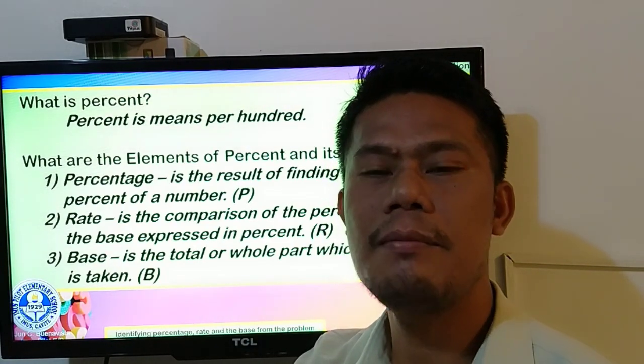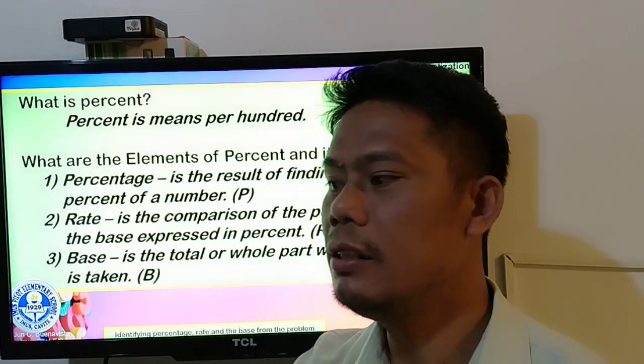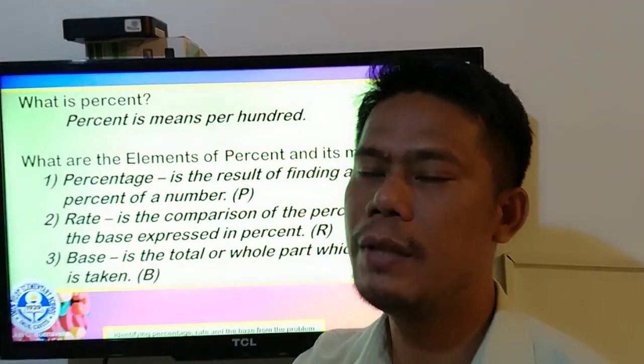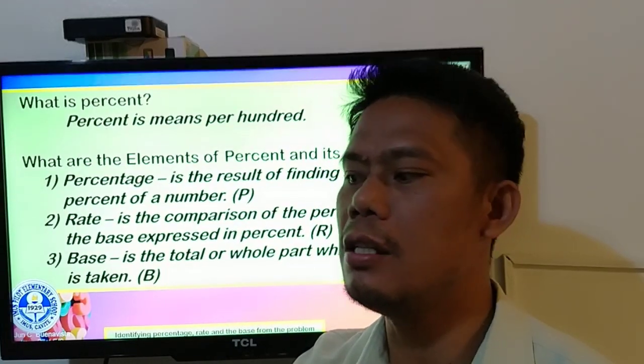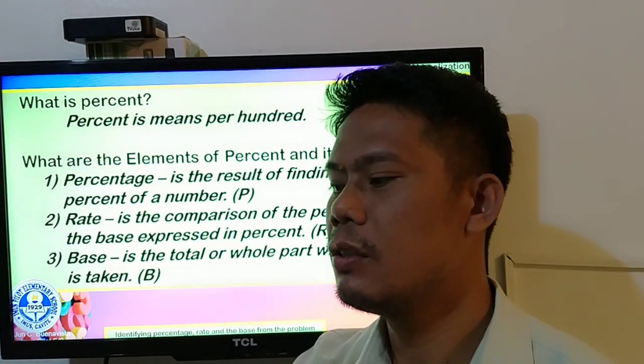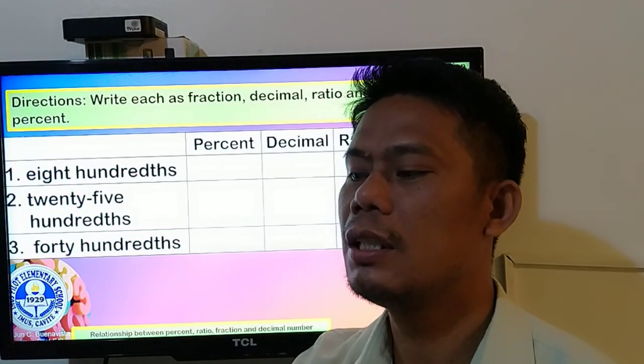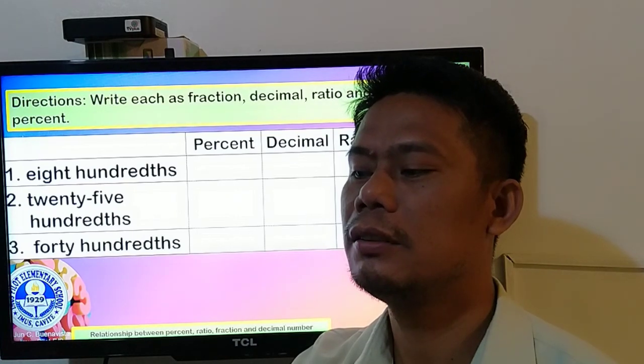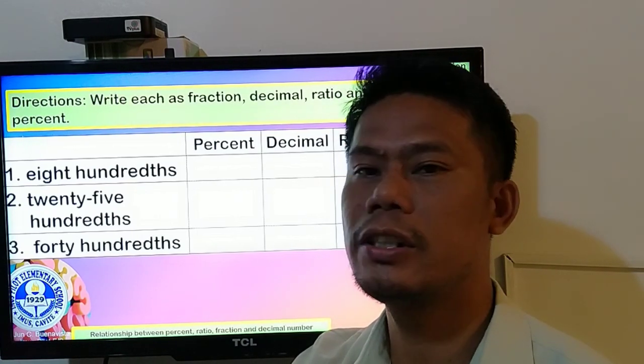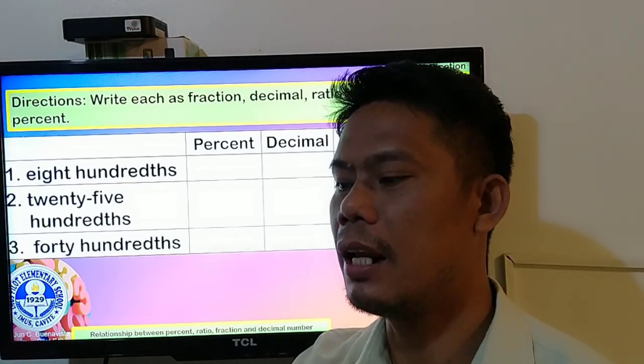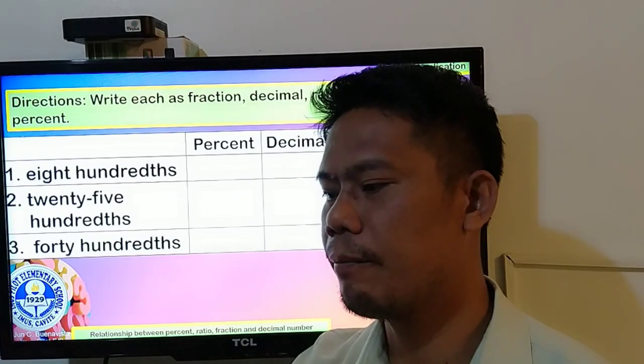Okay, this time you are going to answer, and I am the one who is going to check this activity. So let's have this. 1 to 3. Write each as fraction, decimal, ratio, and percent.